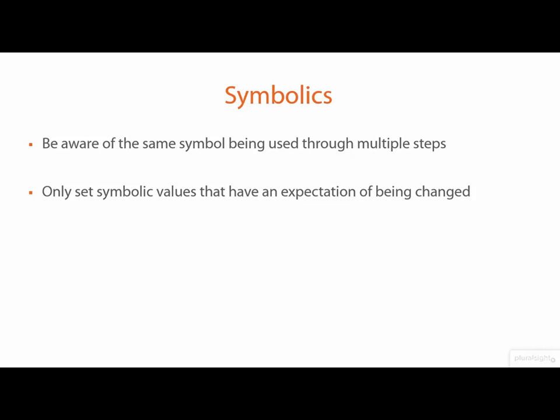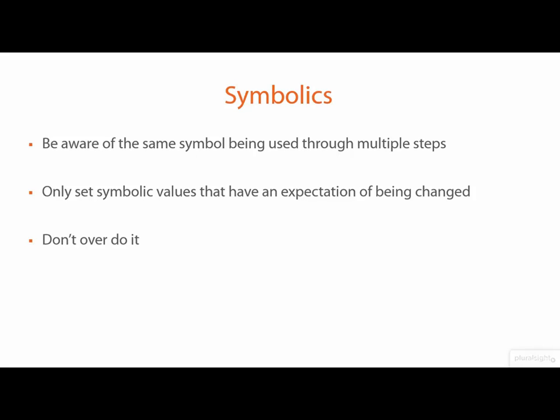Symbolics should represent something that is easy, predictable, and reliable to use because there's an expectation that it needs to be done. But for the one-off or the once-in-a-while recovery situation, an override is perfectly adequate to take care of those situations rather than try to handle everything through the use of symbolic parameters.